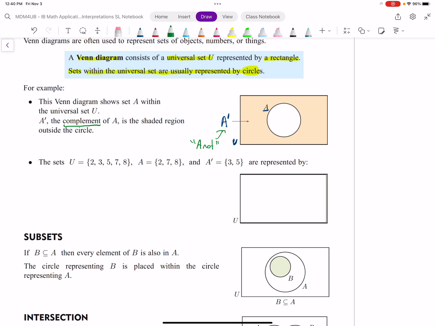So like if I said A are all of the even numbers on a single die, you could represent the numbers in here. So even numbers, that'd be 2, 4, and 6. And all of the odd numbers, 1, 3, and 5, would be out here.